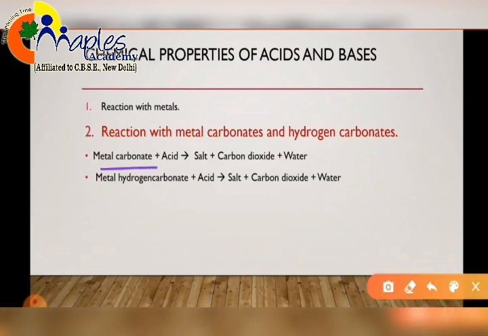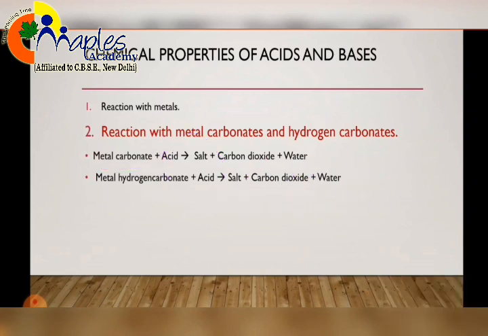Now let's see the reaction. When a metal carbonate or a metal hydrogen carbonate reacts with acids, what are they forming? They form salt plus carbon dioxide gas plus water. Let's see through an example.